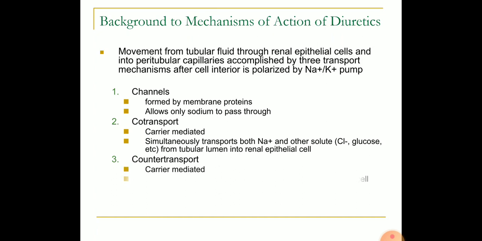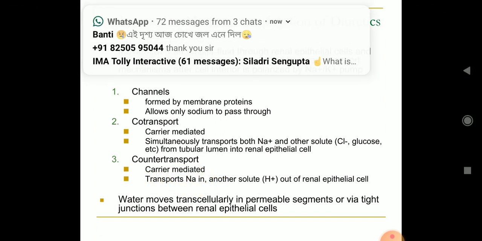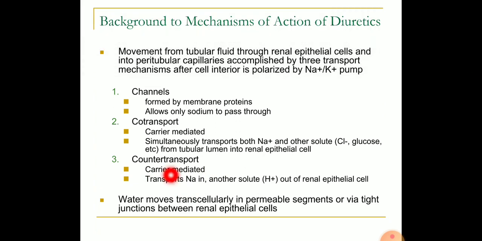So these are the different transport mechanisms by which these diuretics are being transported. It's via channels, via different membrane proteins, via co-transport mechanisms. The carrier mediated one is very important. There is a counter-transport mechanism. There also the carrier mediated transport shows a very important role, and ultimately the water moves intracellularly in permeable segments or via tight junctions between the renal epithelial cells.